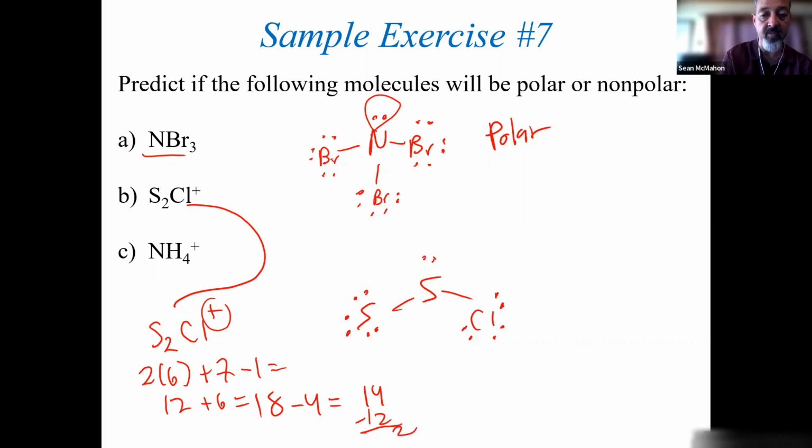I add them as a lone pair. I have no more. The central atom doesn't have an octet. I'm going to choose, because of bonding patterns, to move the double bond from the sulfur, not the chlorine, because group 7A likes to have 1 bond, 3 lone pairs. Group 6A, like oxygen, likes 2 bonds, 2 lone pairs.